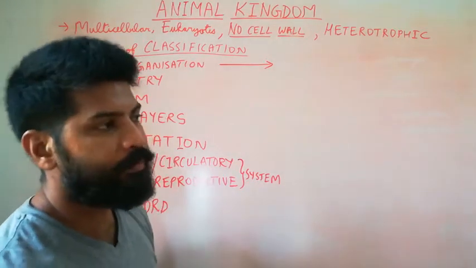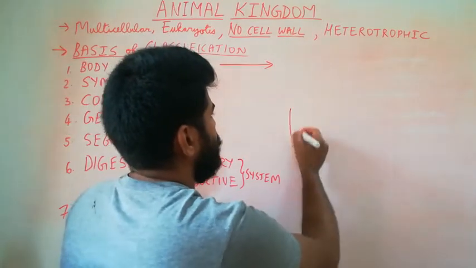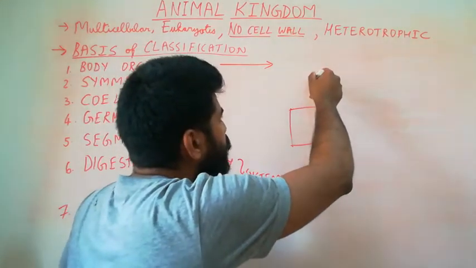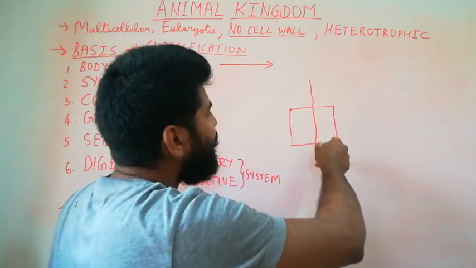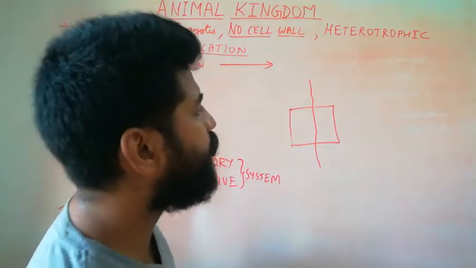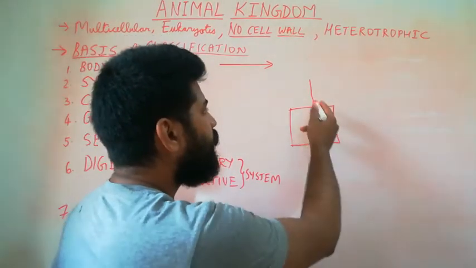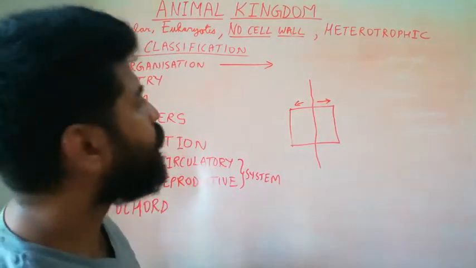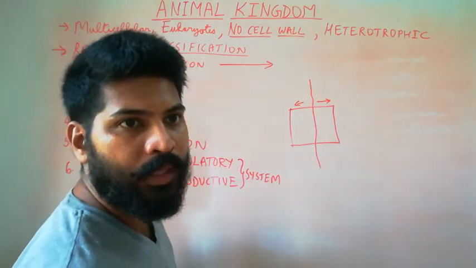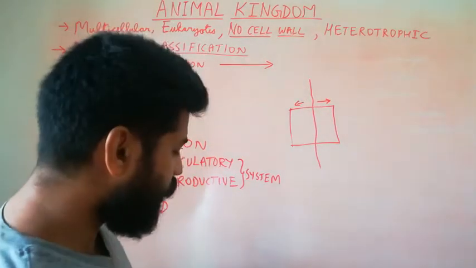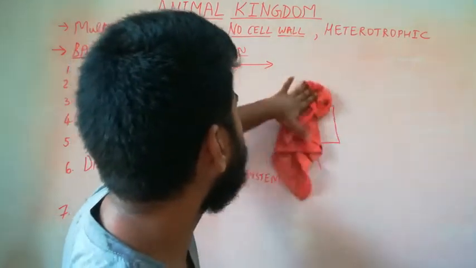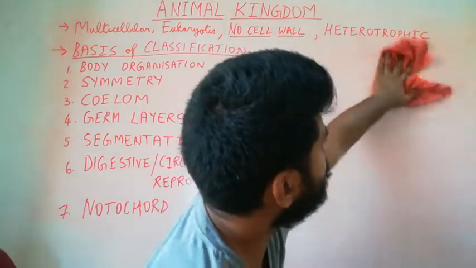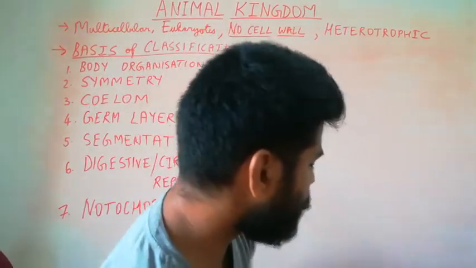So if you take a square and if you were to pass an imaginary plane of axis or line of axis, you can see that it will divide this square into two halves, two portions. Now that is its symmetry, similar halves. So can you also divide the animals based on their symmetry?